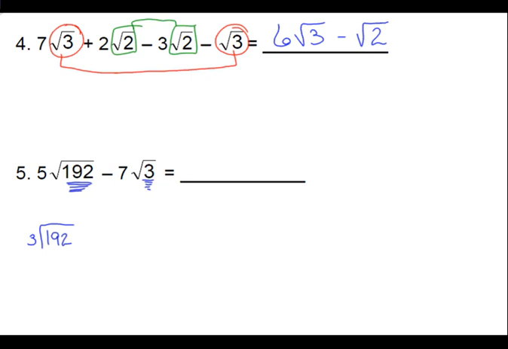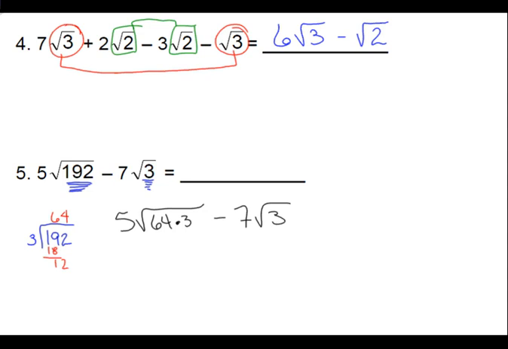Dividing this by 3, that's going to go in here, leaving 6. That's going to be a 1 and a 2, so 3 goes into 12, 4 times 64. So this one is really going to be 5 times the square root of 64 times 3 minus my 7 square root of 3.